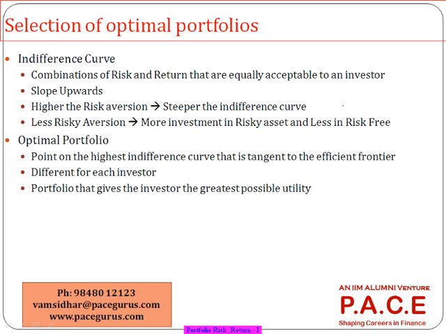Now we bring in one more concept called the indifference curve. What it says is, every investor, let's say you are a risk averse investor, you are fine with some combinations of risk and return.